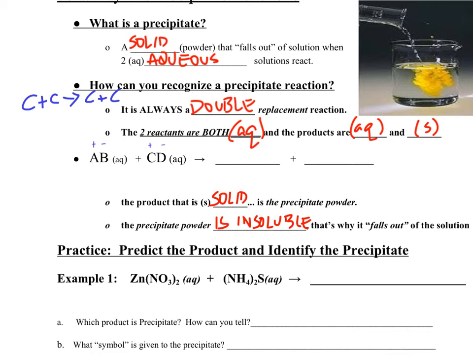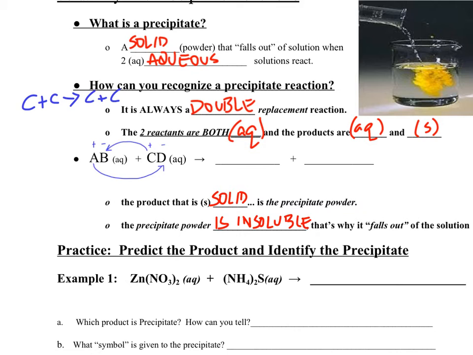Essentially, the reactants are going to replace each other. In each reactant I've got two elements, and they are going to replace each other. Positives don't bond with other positives, they bond with negatives. So this positive forms a bond with this negative, and this positive forms a bond with this negative.